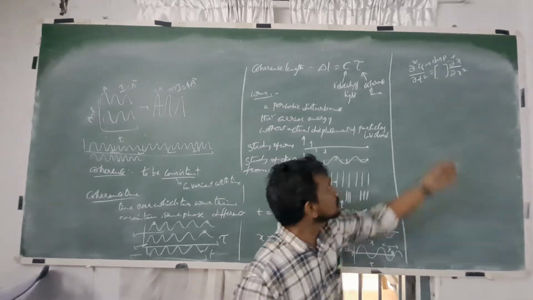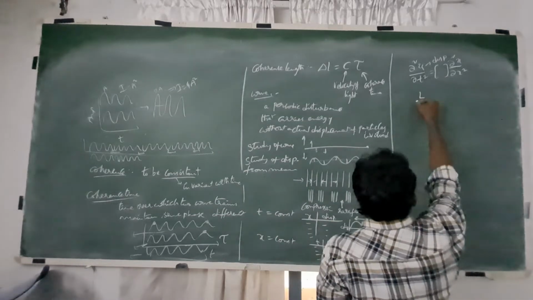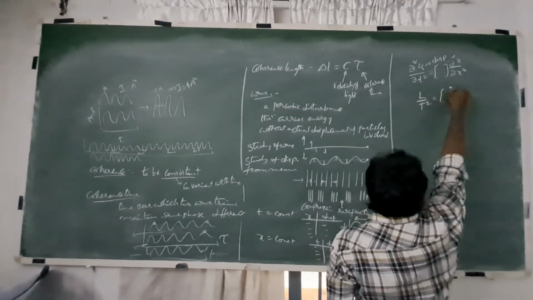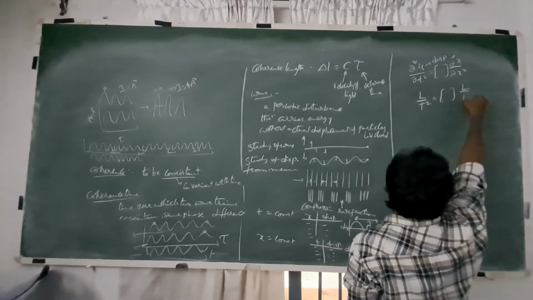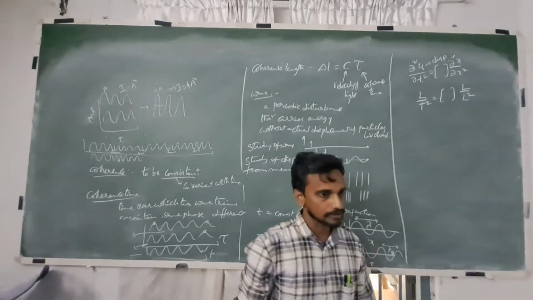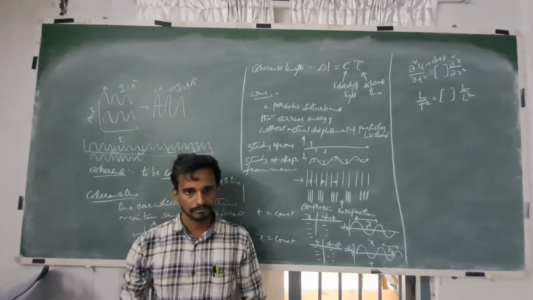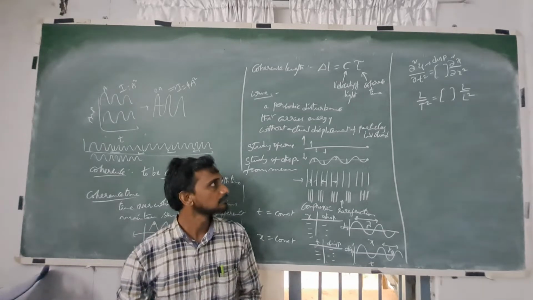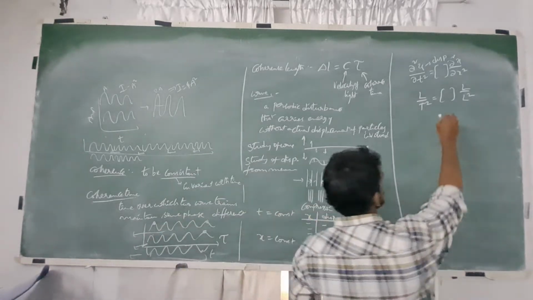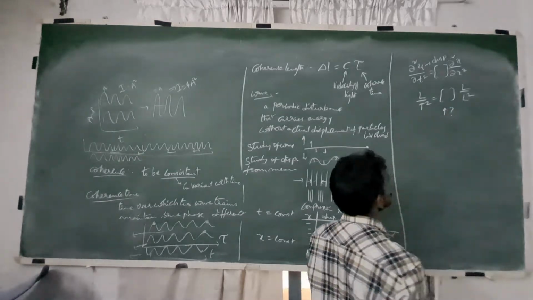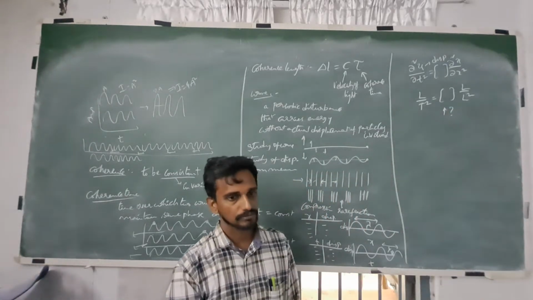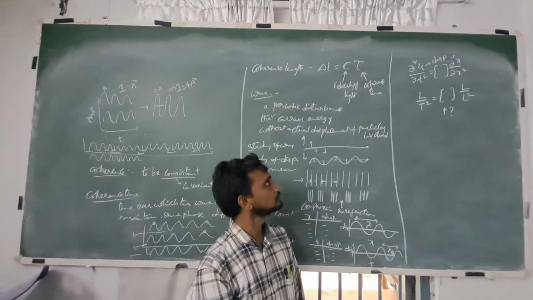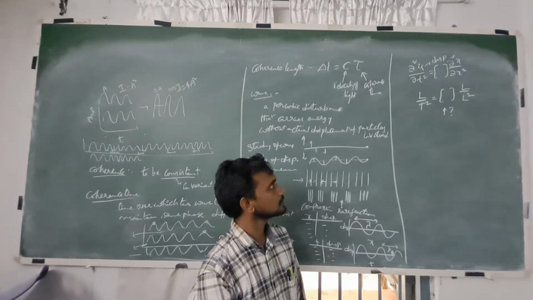What comes? So here it is L/T². This is L/L². Now what about that? If we balance it, what happens?